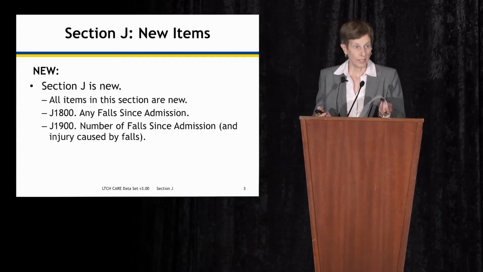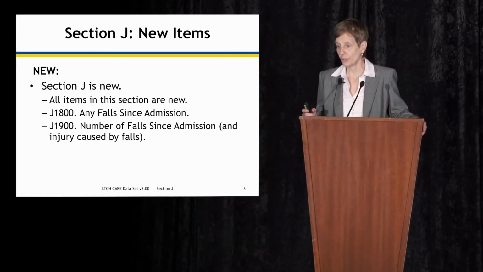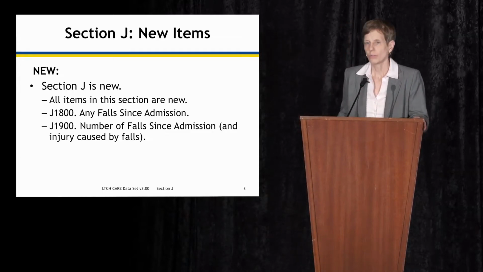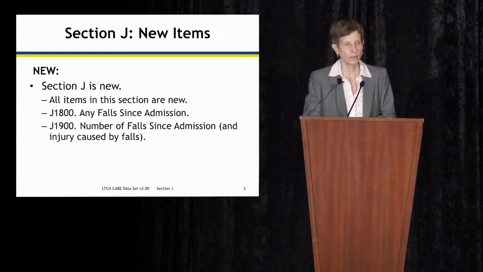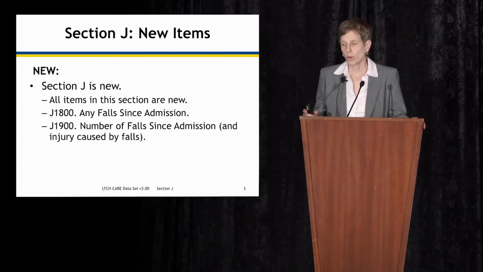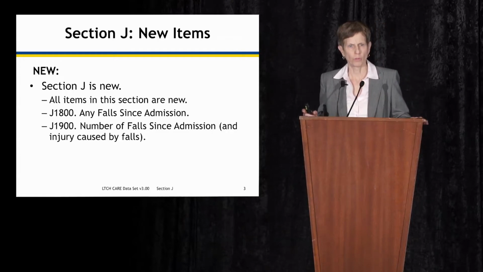So again, this is a new section. All items under this section are new. The items include J1800, which is any falls since admission, and J1900, the number of falls since admission and the injury associated with the falls.